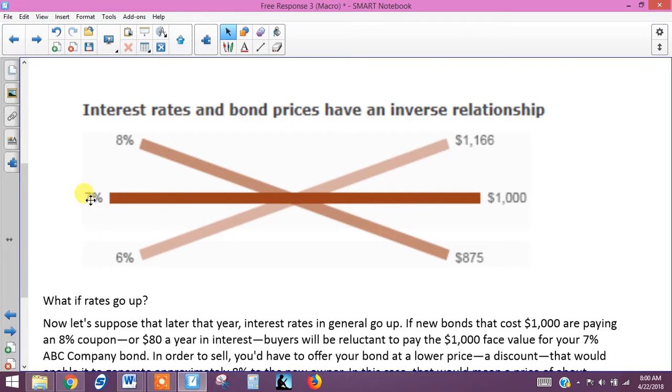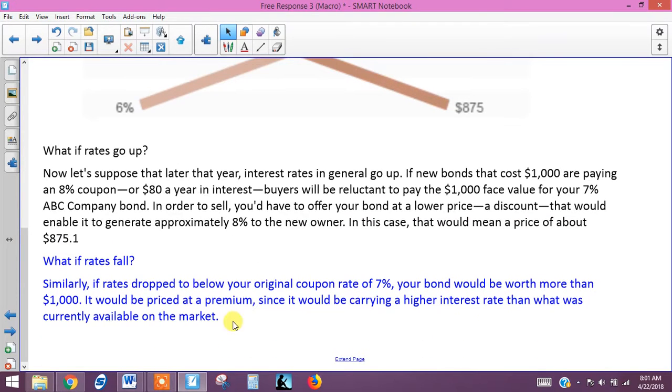So if you have a bond that's currently paying 7 and the overall nominal interest rate drops, then you can sell that bond for a premium, since it would be carrying a higher interest rate than what is currently available in the market.